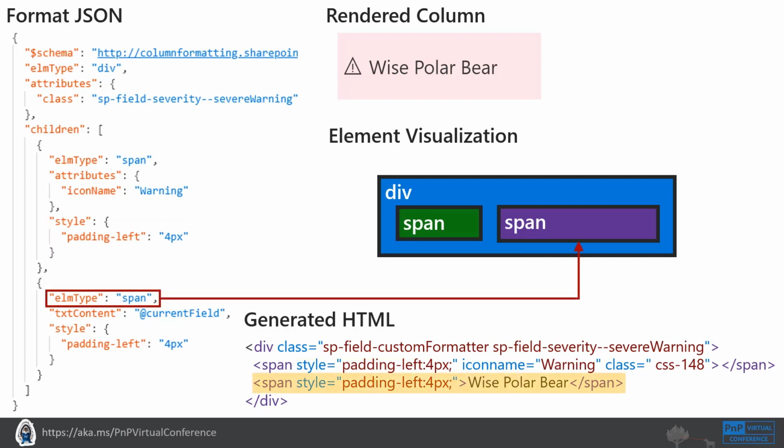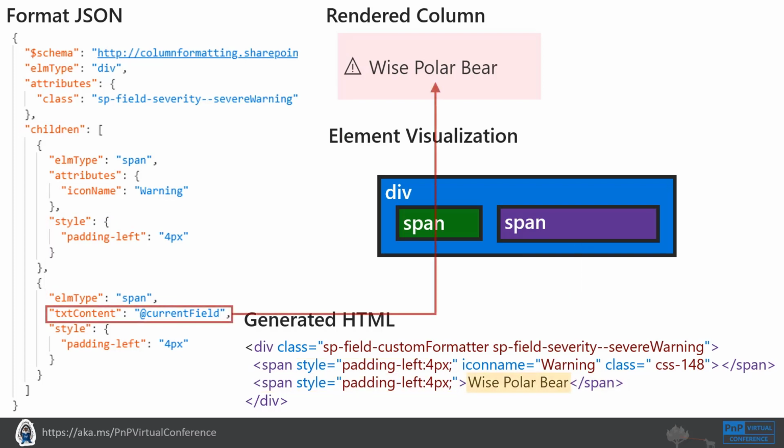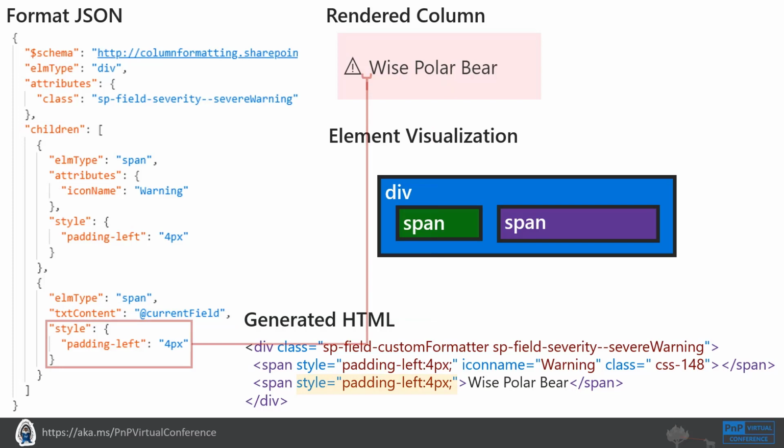Then we add another span, and this one we're going to put some text content. This is where we're going to see our first placeholder token. It's this @current_field. What that means is, whatever the value is for the current field, just swap that in here. In this case, it's Y's polar bear on this row, so just put that in there for the text. And again, we're going to put padding left to 4 pixels because we don't want that icon right up there.